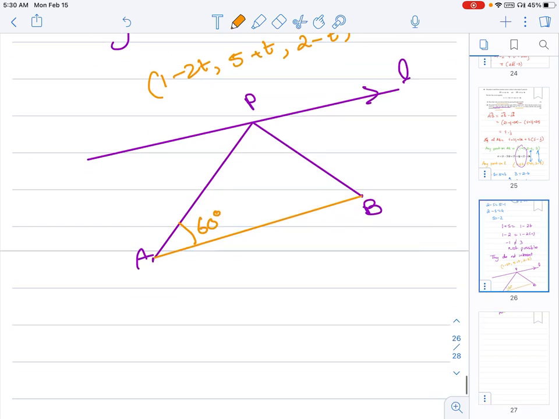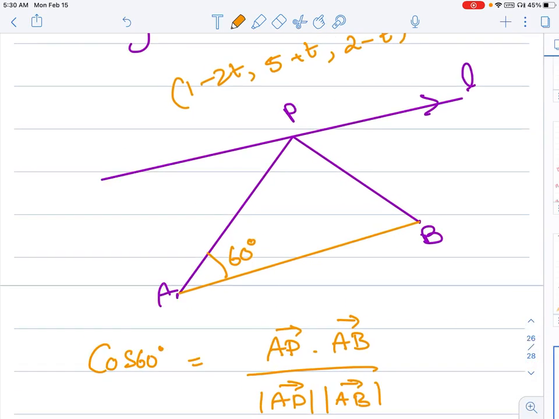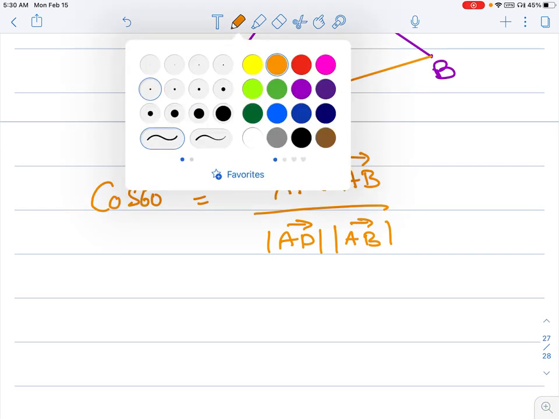So cos 60 should be there between AP and AB. So I have to find AP and AB. AB has already been found, so now I have to find the other side, AP.